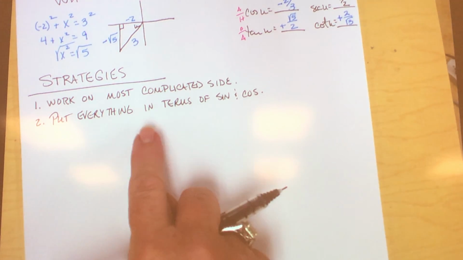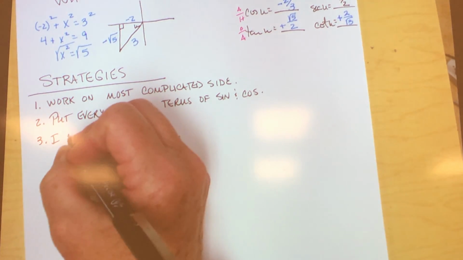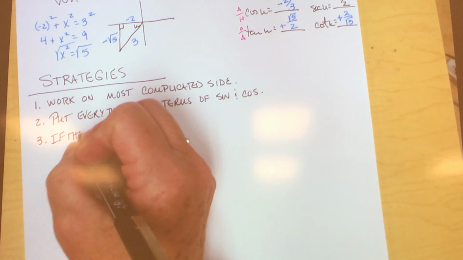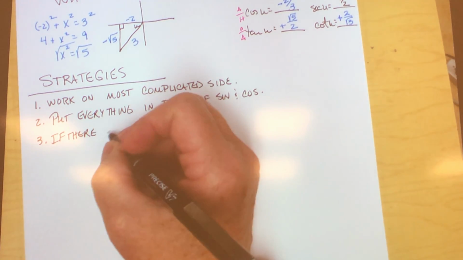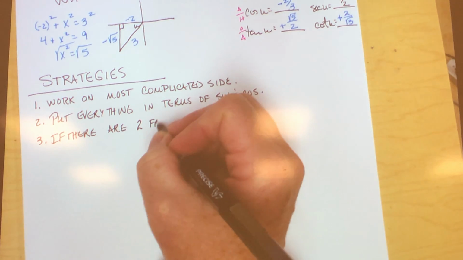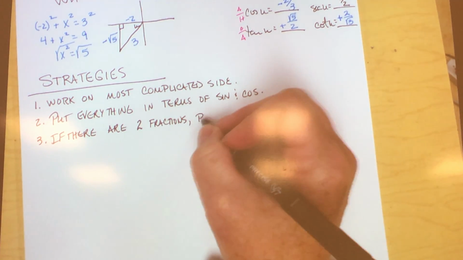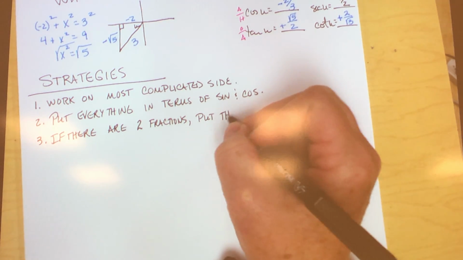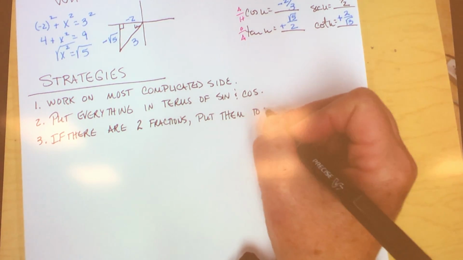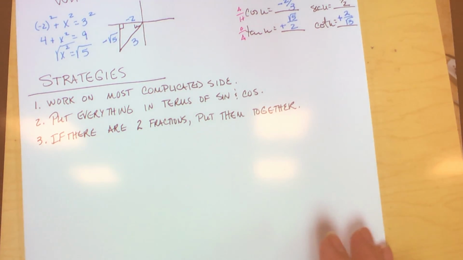Okay, so that's something. The next one, if there are 2 fractions, put them together. Now, what do you have to have to put fractions together?